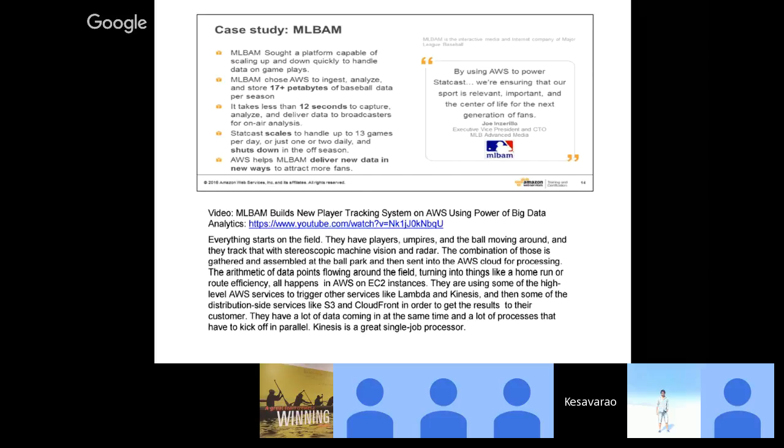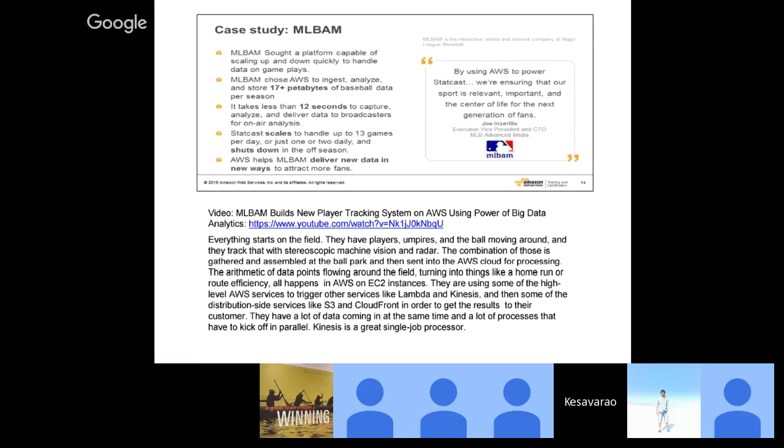Also, the reason they need this is because they have to store at least 17 plus petabytes, not terabytes, 17 plus petabytes, and there is no storage solution better than AWS for this type of data. Any Hadoop is good, but especially because they want to ramp up and ramp down easily, they need cloud.